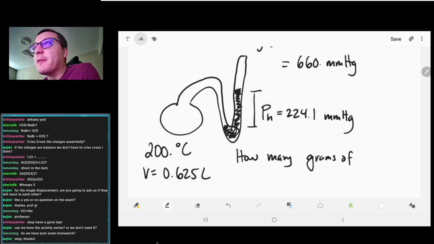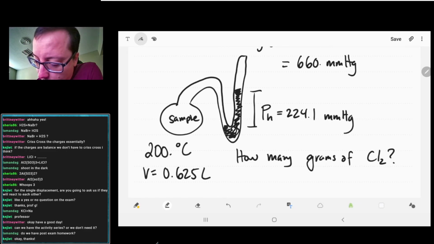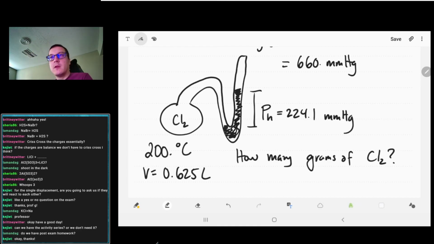What gas do we want? How about we do chlorine gas? So we're going to say we have chlorine gas in this chamber here. Let's see if we can figure out how many grams of chlorine we have in this sample container here.